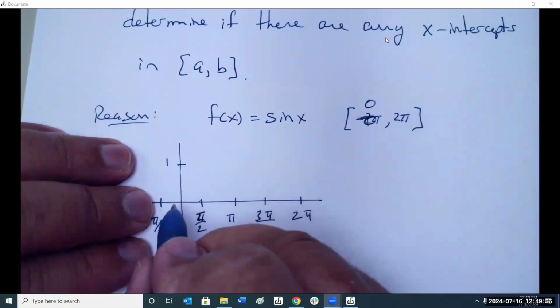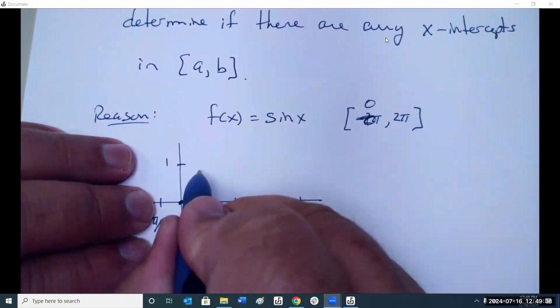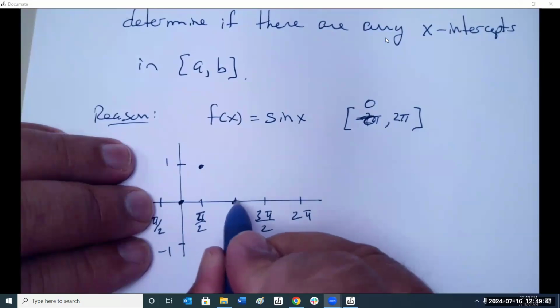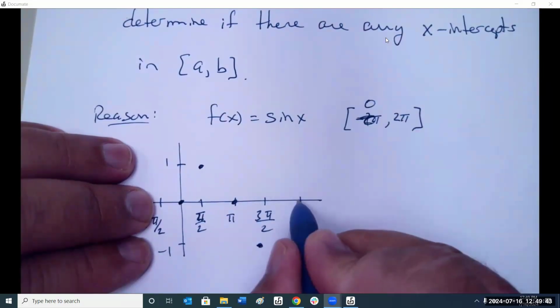At 0, we get 0. At pi over 2, we get 1. At pi, at 3 pi over 2.